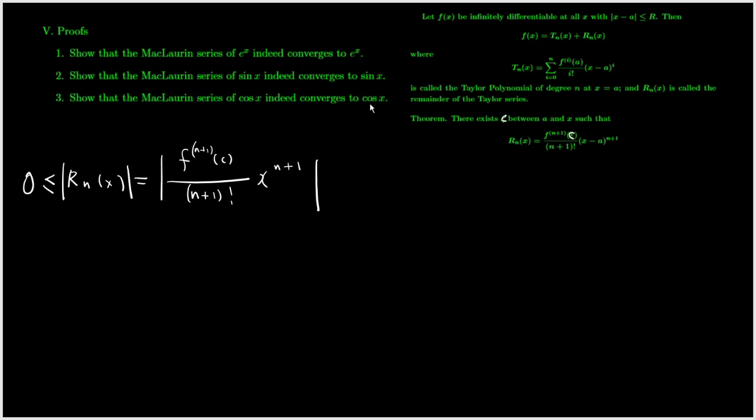Of course, here you need to write c as a number in between a and x. In this particular case, a is equal to 0, so you just say something like c is between 0 and x.